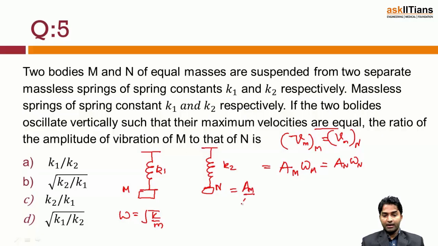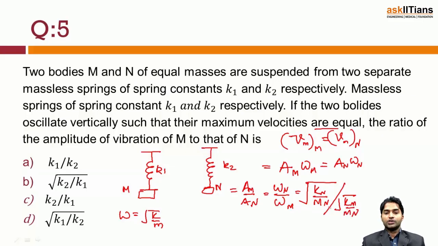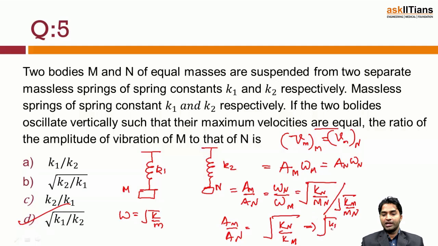The ratio A_M upon A_N can be taken as omega_N upon omega_M, which is the root of k_N upon mass N divided by the root of k_M upon mass M. Since the two bodies have equal masses, finally we get A_M upon A_N equal to under root of k_N upon k_M. Their values are k1 and k2, so that supports option D, under root k1 upon k2.